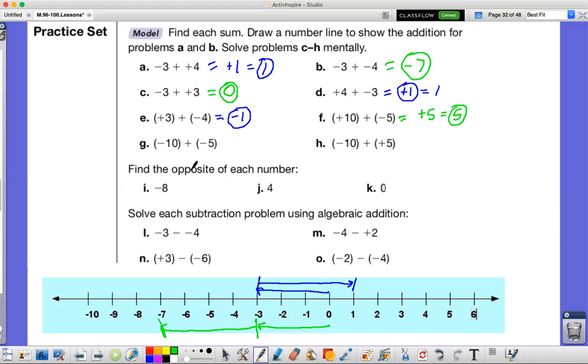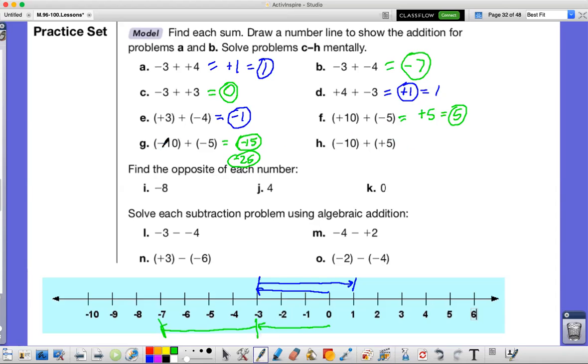How about letter G? -10 plus a -15. I just accidentally gave you the answer. Nice job if you figured that out. If it was -10 plus a -15, it would have been a -25. If you answered that, that would have been okay too.